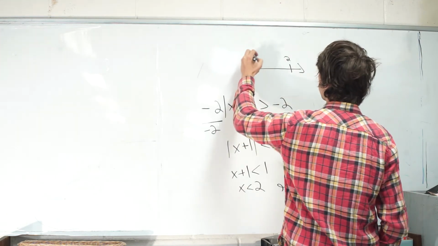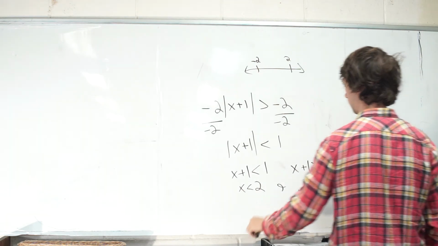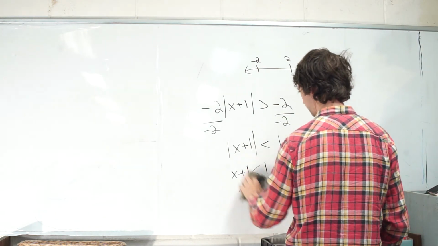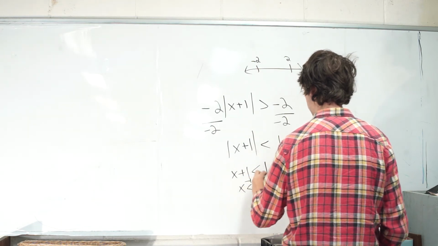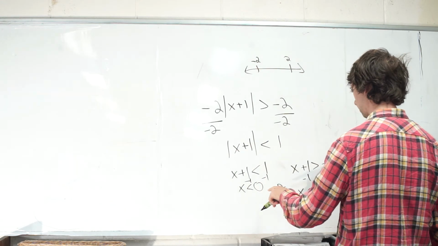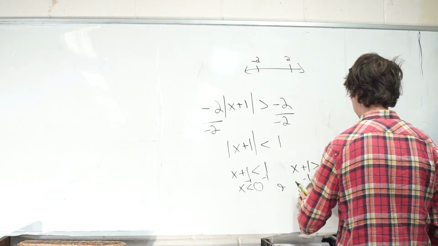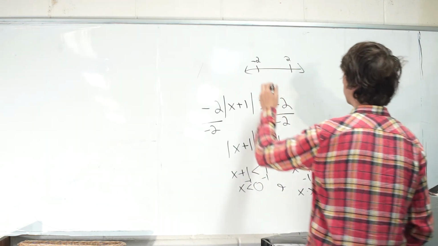2, -2. No, I did that wrong. I'm like, wait, that can't be 2. Okay, sorry. So this is 1. I was supposed to subtract 1 and I added 1. That's a mistake. Okay, so it's less than 0 and greater than -2.